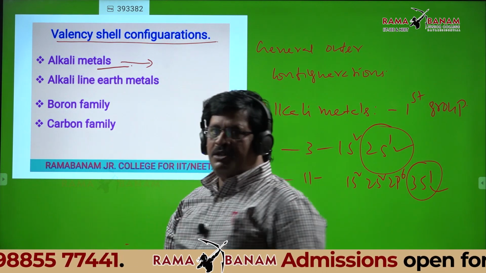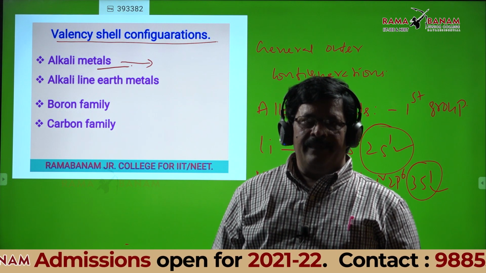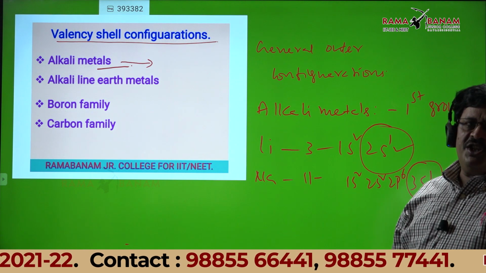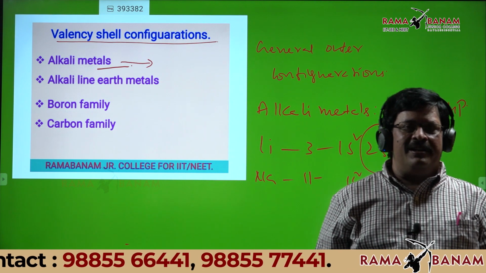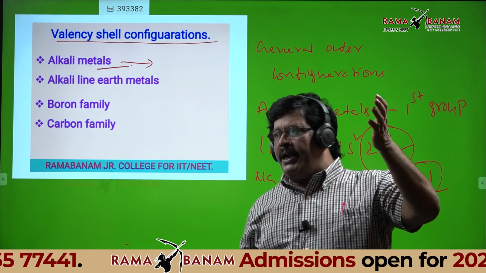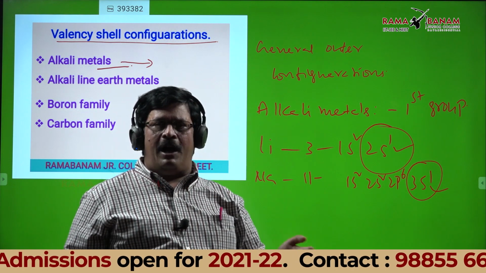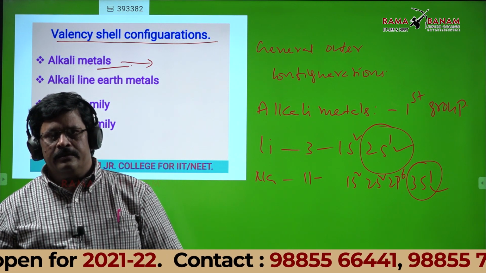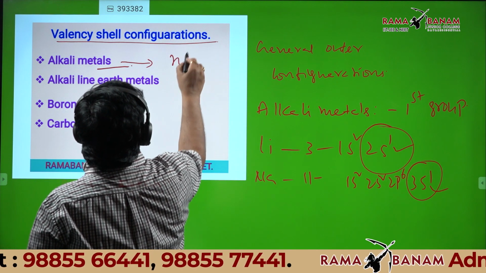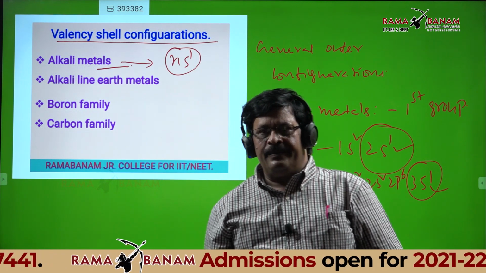Then can you generalize what is the outer electronic configuration of alkali metals? I'm not asking how many electrons are in the valence shell. I am asking what is the outer electronic configuration of alkali metals. That's right. It's ns1. It's ns1 only, na?